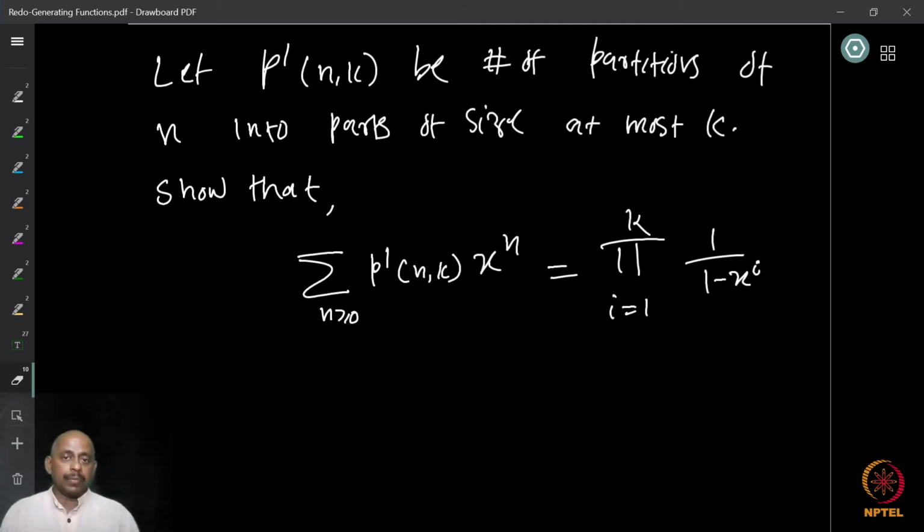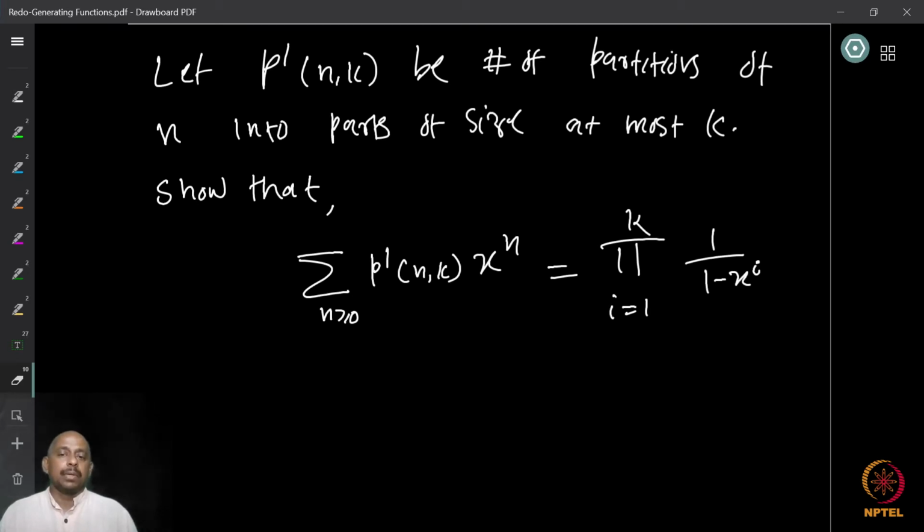Now, if you remember your partitions, let us define the number of partitions of the integer n into parts of size at most k, and denote by p dash of n, k the number of such partitions. So we want to partition, but each part has size at most k.